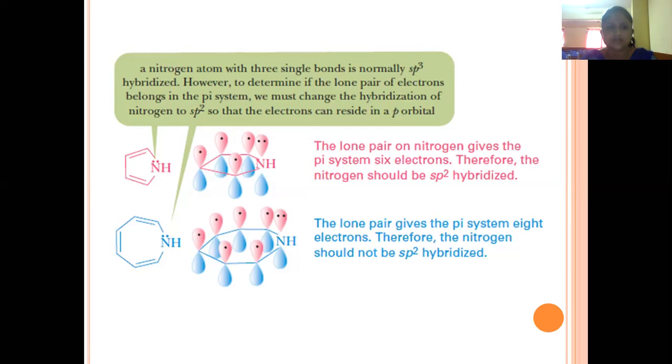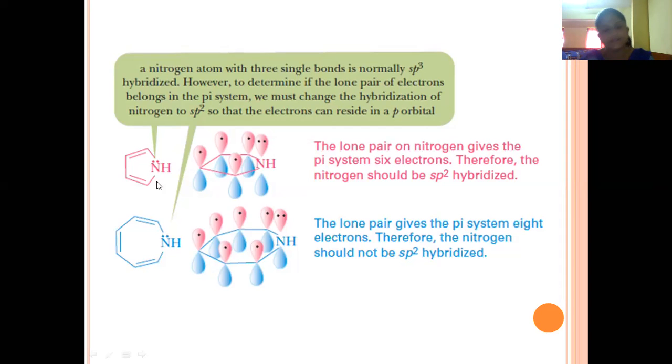So this structure has 4 pi electrons, and this nitrogen will be possessing the lone pair of electrons. So this lone pair of electrons has taken part in showing the aromaticity of that compound. But this is not the case with respect to pyrimidine and pyridine.